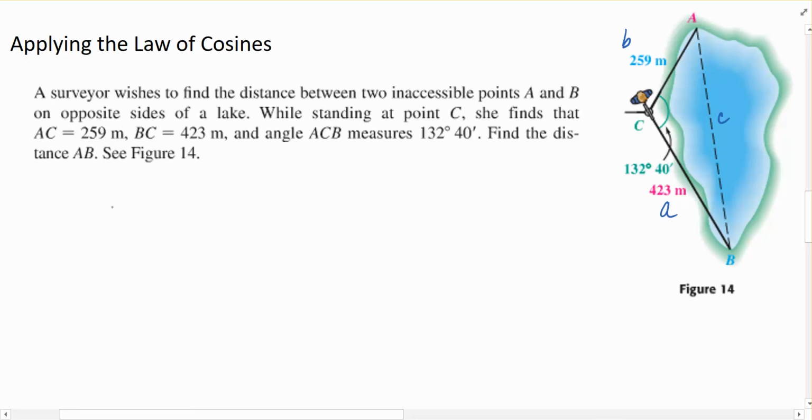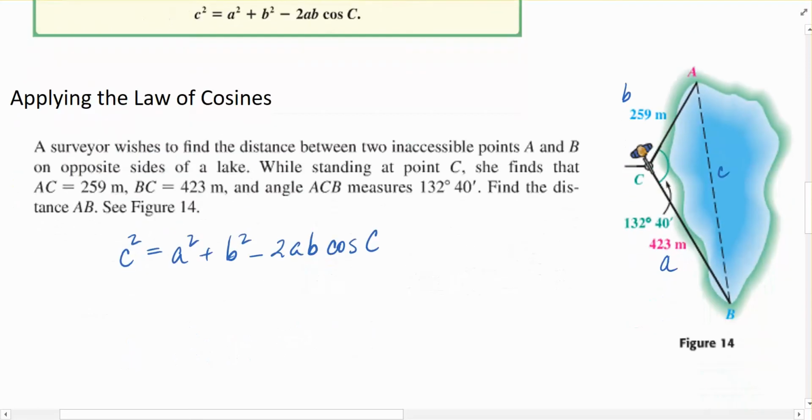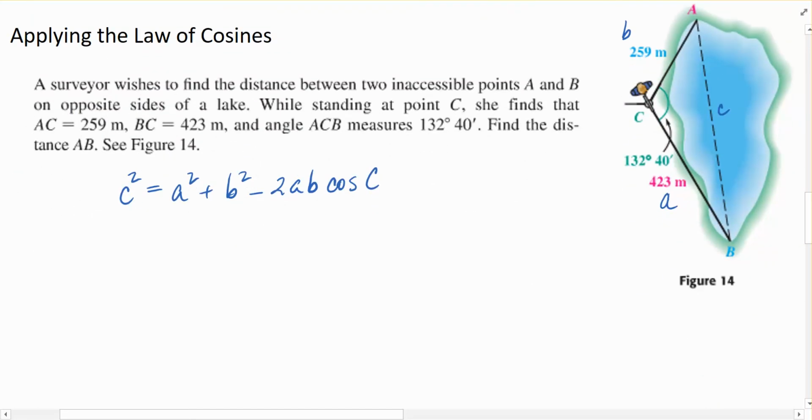I'm solving for side c. The formula tells me that c squared equals a squared plus b squared minus 2ab times the cosine of angle C. All I've done is rewrite the law of cosines from our formula box above, and we're going to fill in our missing pieces. C squared, or c, is what we're looking for.